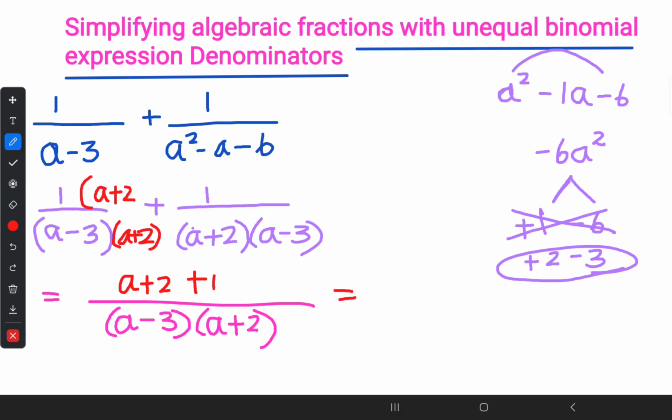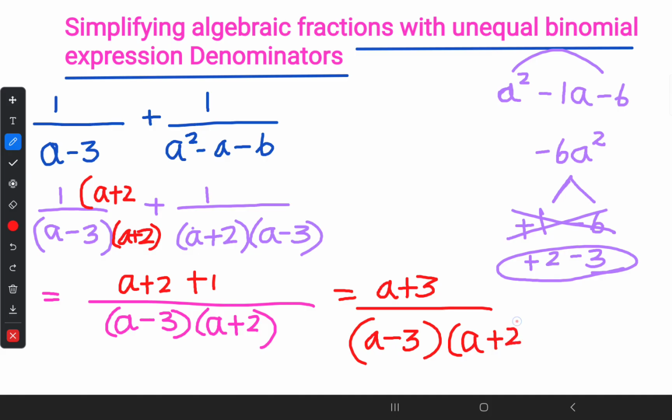So finally it will become a plus 2 and plus 1 will become a plus 3, divided by, in the denominator, a minus 3 times a plus 2. That's all for our simplification. Here the major task is to factorize.